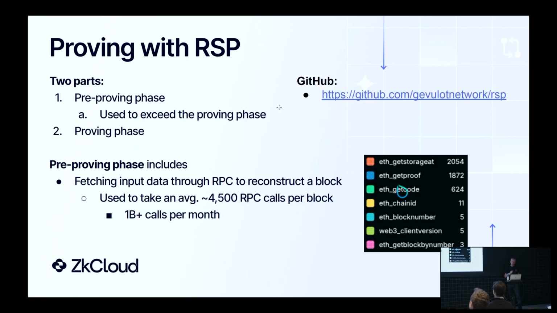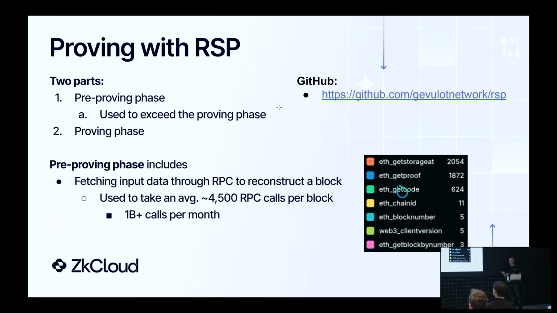The proving process actually consists of 2 main phases: a pre-proving phase and the proving one. Interestingly, the pre-proving phase used to take longer than the actual proving in many cases, because it includes fetching all the input data through RPC to reconstruct the block itself.